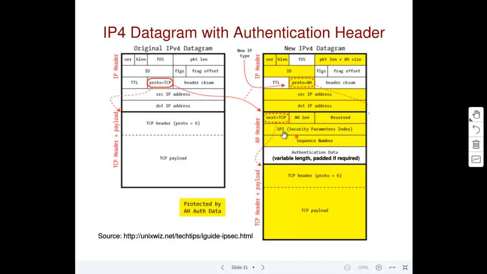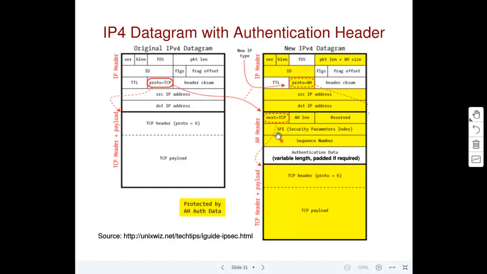The one we are interested in here is the security parameters index. As I said, it's a 32-bit field that is unique for each security association. The sender can locally make it unique to whichever destination it's communicating with. So all security associations originating at a particular sender will have a unique security parameters index.